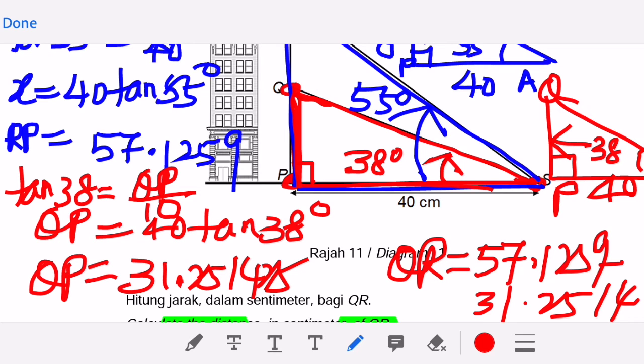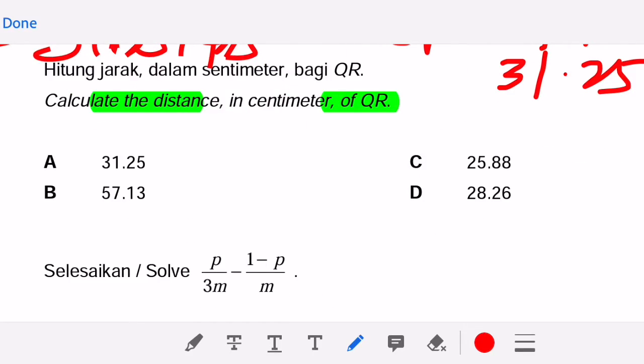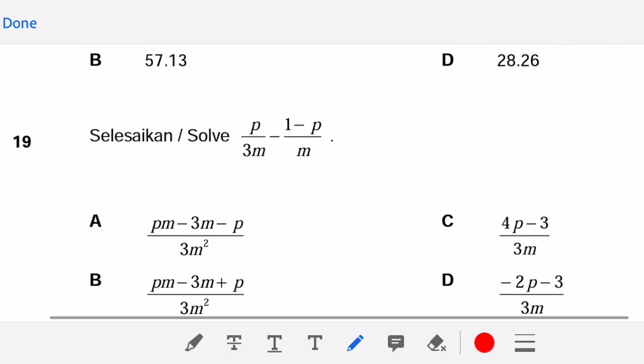So the answer is 25.8745. So this is the nearest answer. So the answer for number 18 is 25.88.